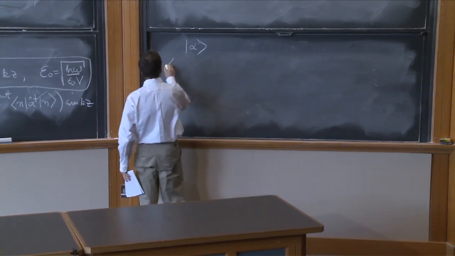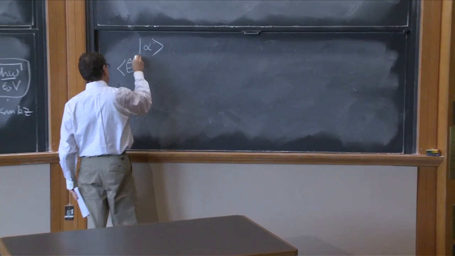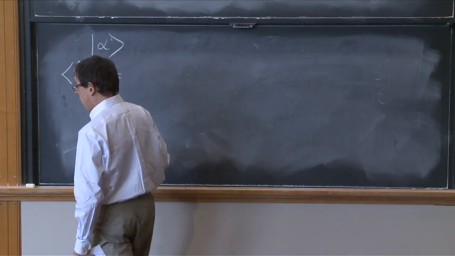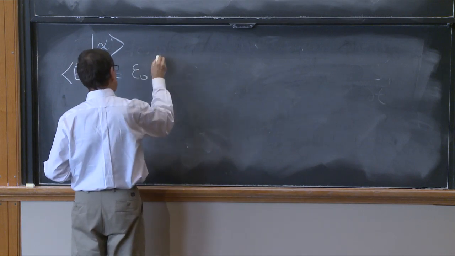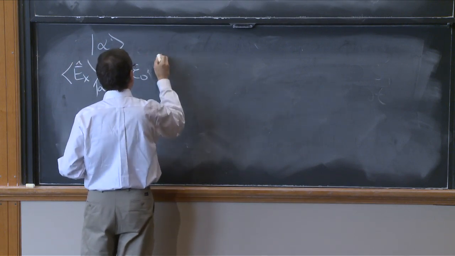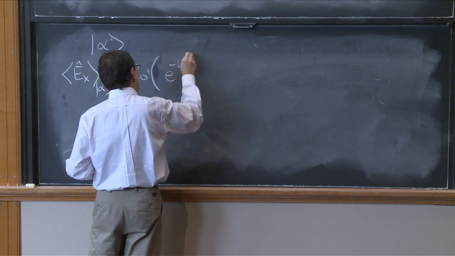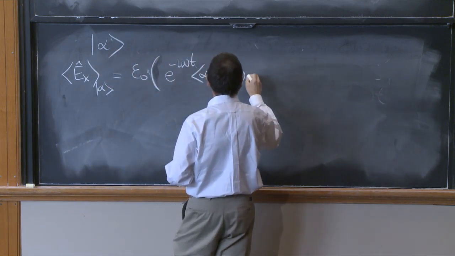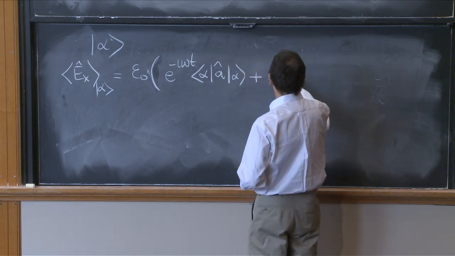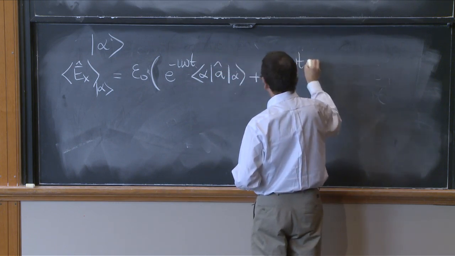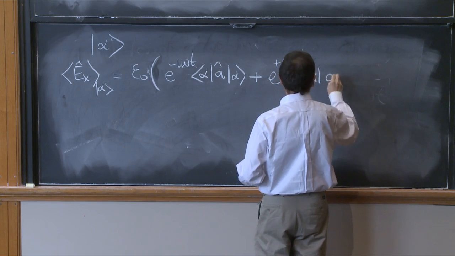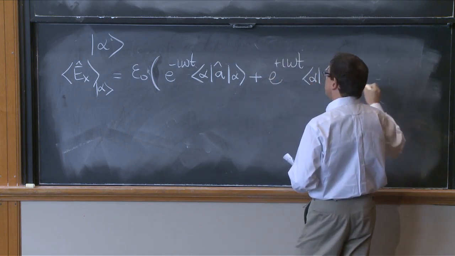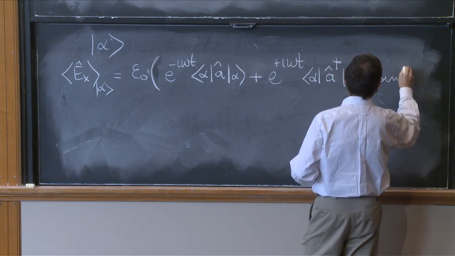And therefore, the expectation value of Ex on the alpha state will be equal to E naught, e to the minus i omega t, bra alpha a ket alpha, plus e to the plus i omega t, bra alpha a hat dagger ket alpha, times sine of kz.